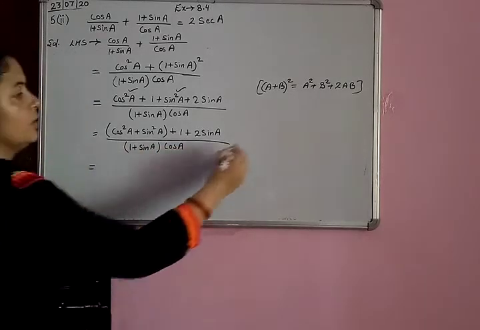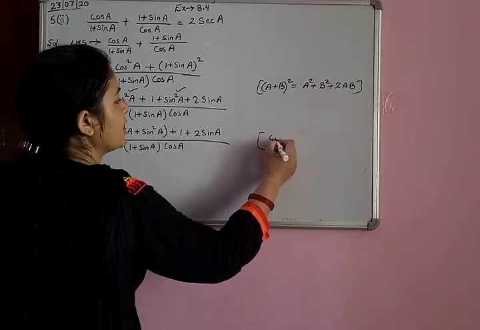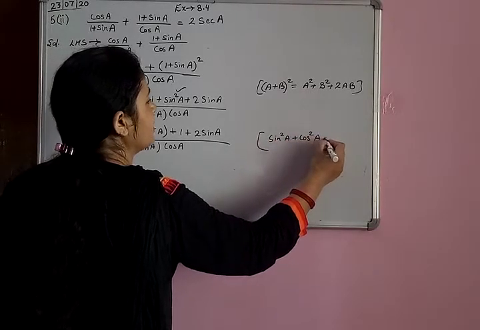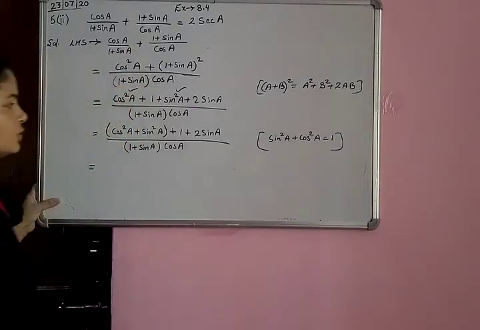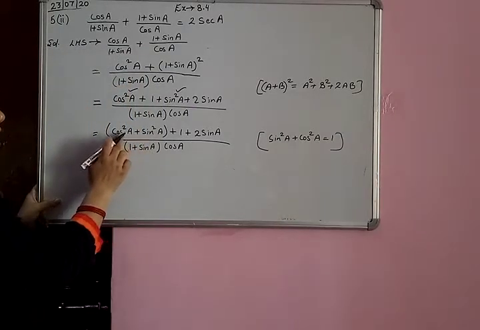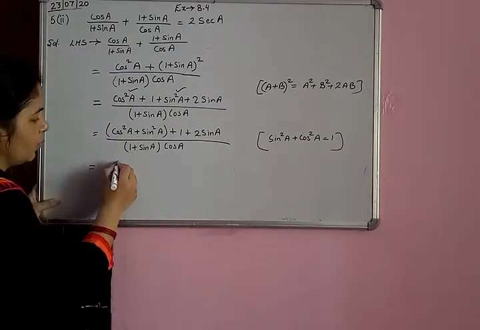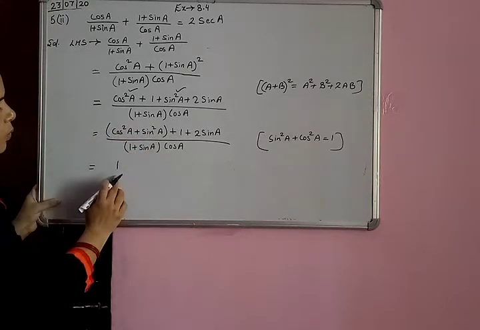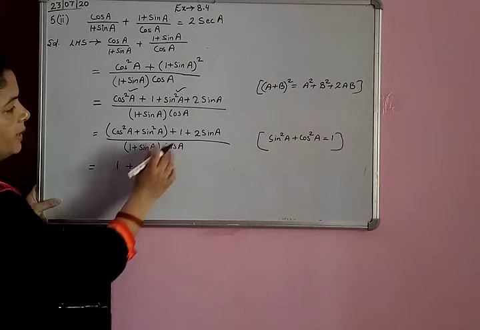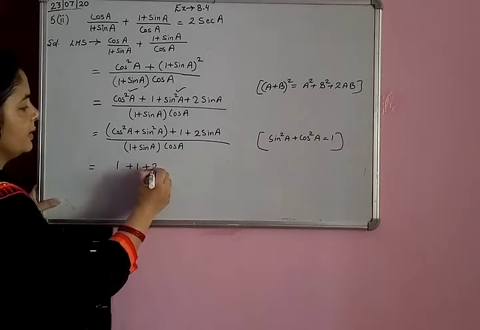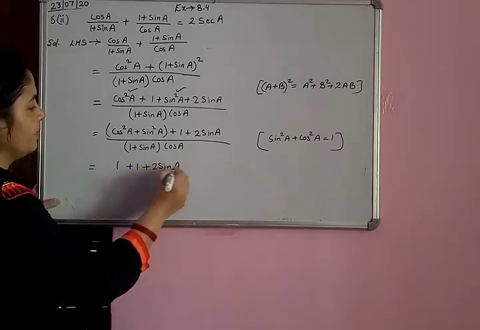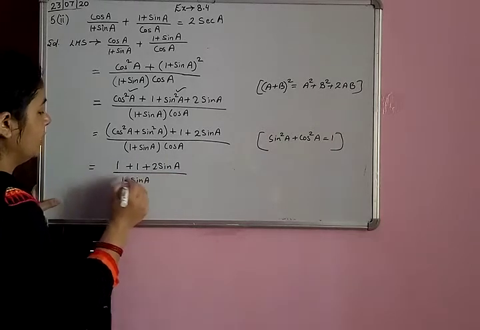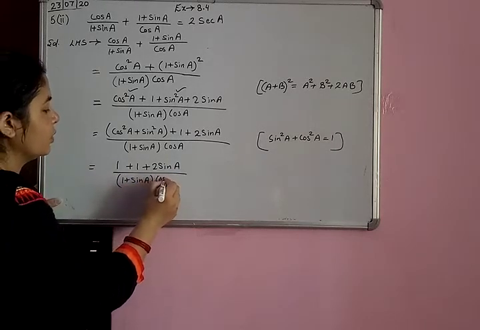Now look at here, using sin square A plus cos square A is equal to 1. So using this identity, we have sin square A plus cos square A is equal to 1. So in this we can put 1. Okay. So 1 plus 1 plus 2 sin A upon (1 plus sin A) into cos A.